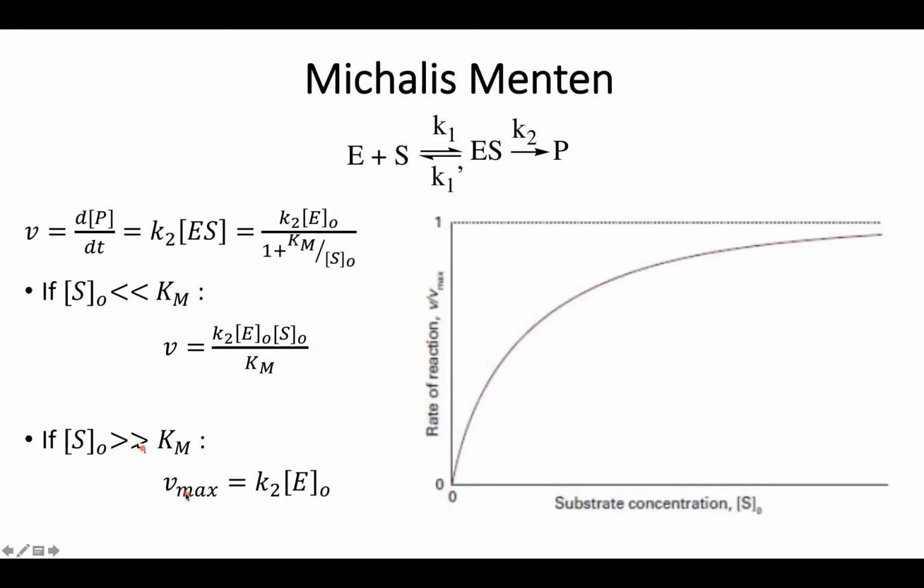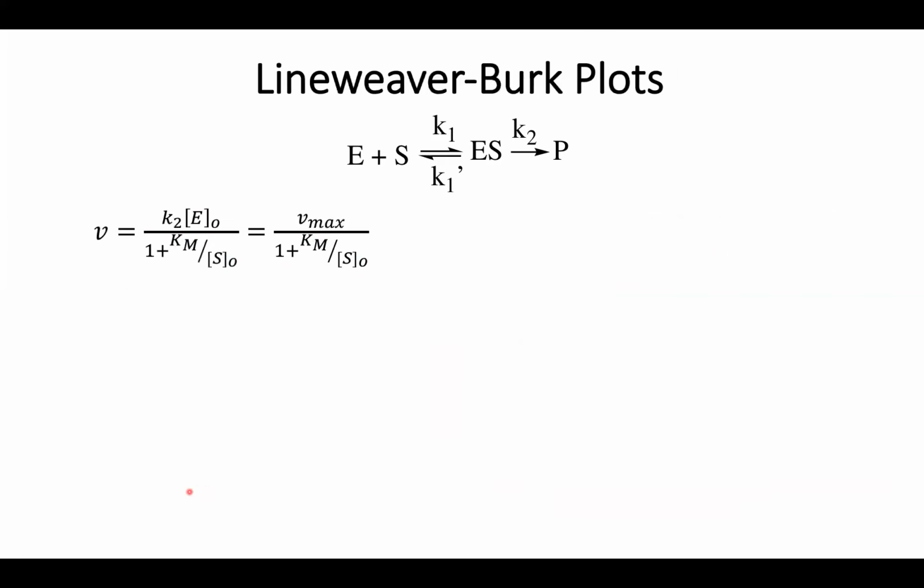So my rate becomes equal to K2 times the enzyme concentration. And this rate, as you notice, can't be exceeded. And so this is thus called the maximum rate, or more colloquially as Vmax. So we can also make use of this expression of Vmax to help simplify my description of the rate.